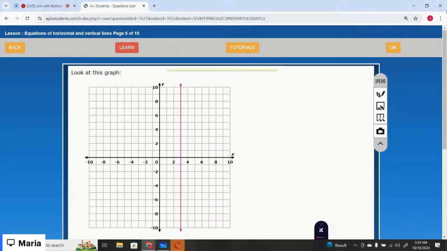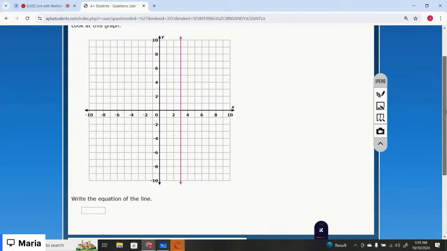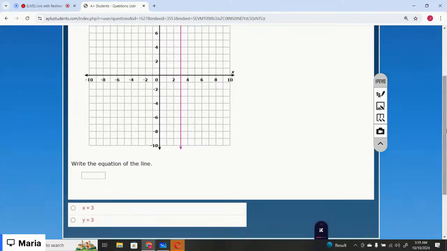Look at this graph. Write the equation of the line. So which is the correct option?